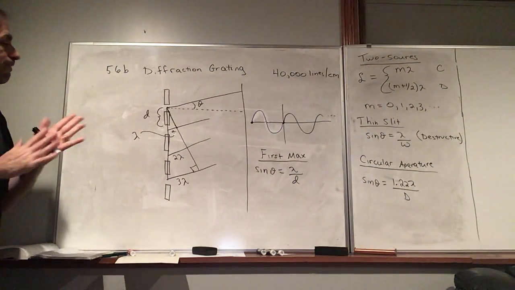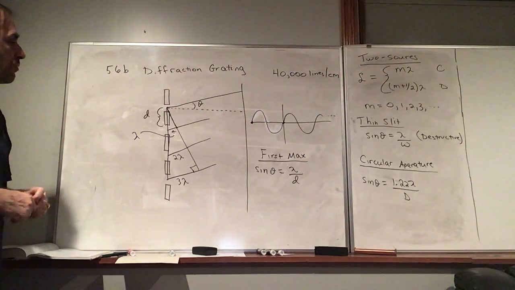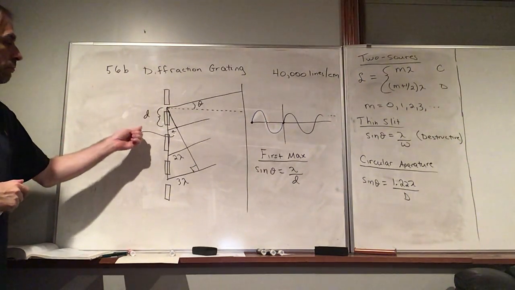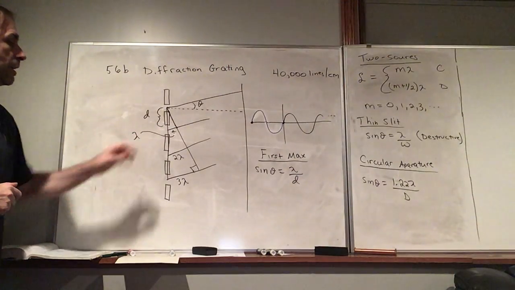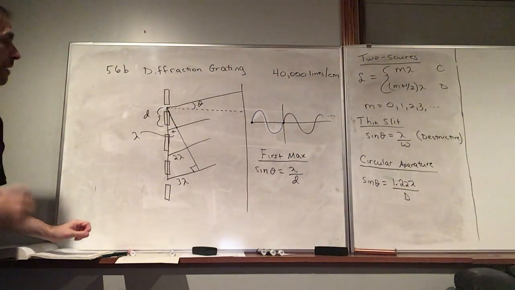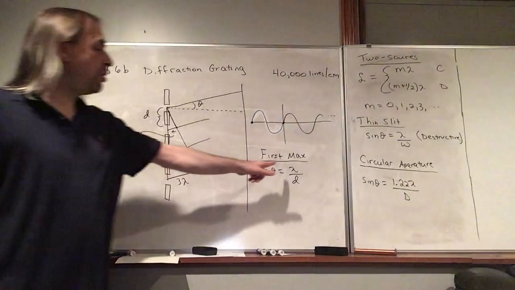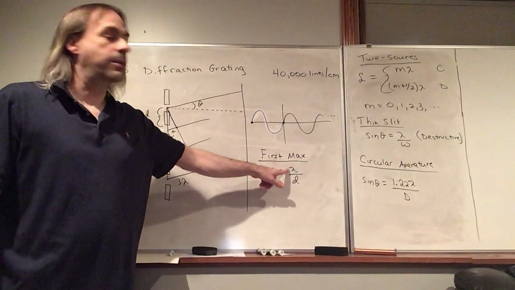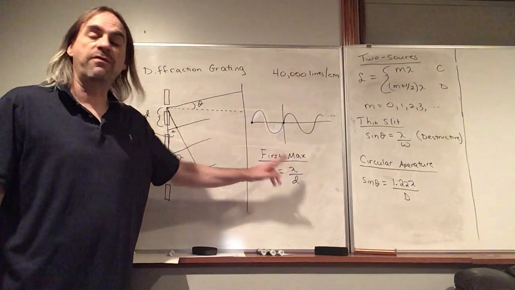So, like the next time this would happen is if the path length difference between the adjacent slits was 2 lambda. And so we could put a 2 in front, and that would give us another maximum. Or we could put a 3 or 4.